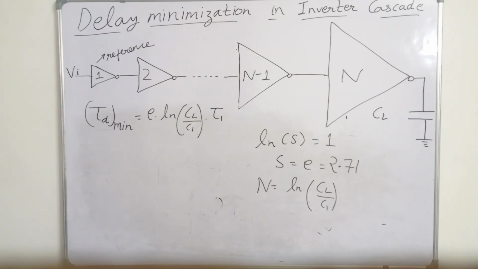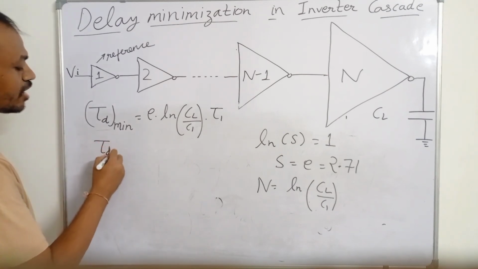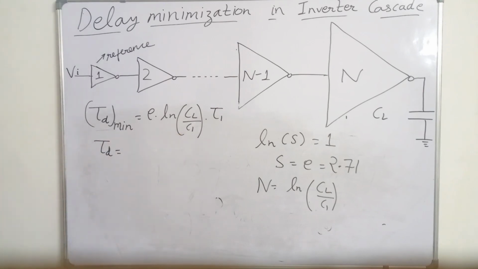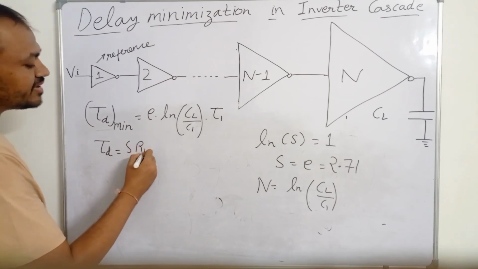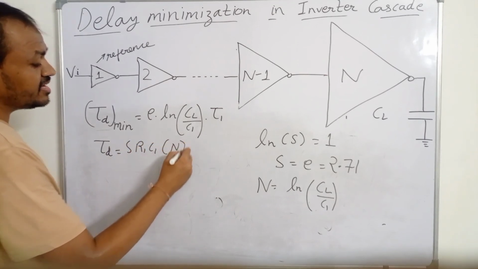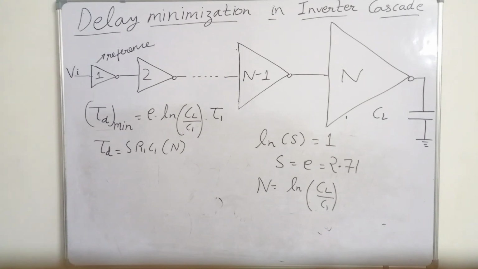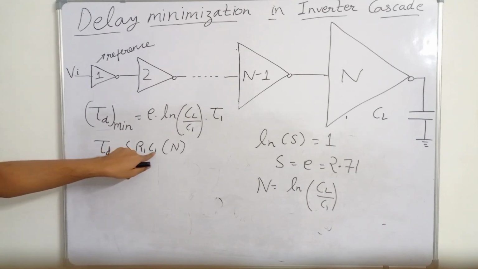Also, what we found was that the delay was the same for all the stages. The delay was S R1 C1, n times. So we can say that the signal delay through every stage is identical, because the signal delay is equal to S R1 C1 into n.